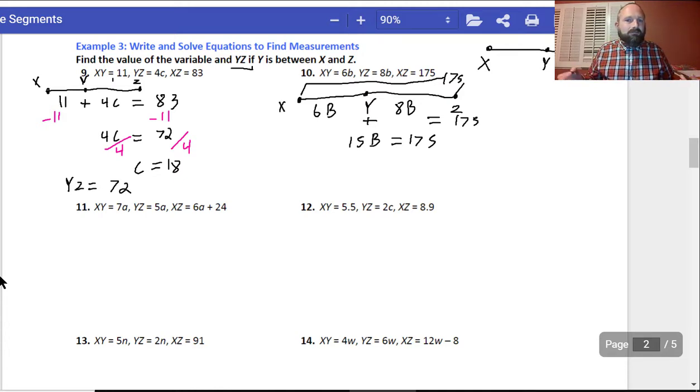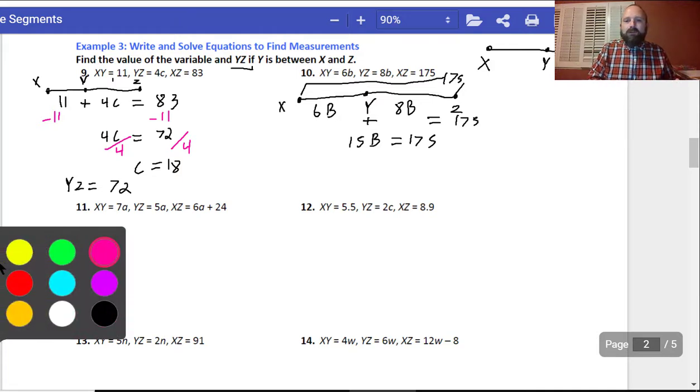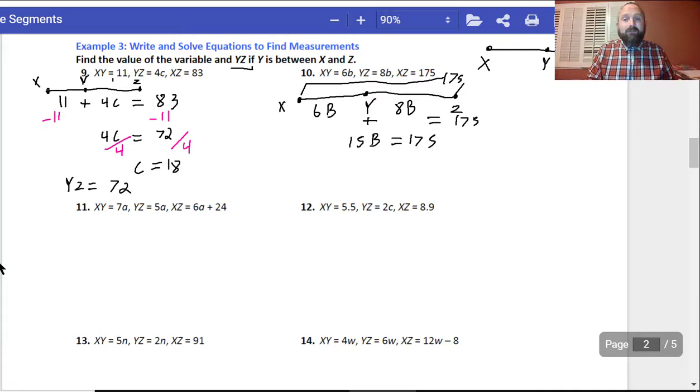All right, well, now we have to figure out what b is equal to. Well, the opposite of times 15 would be divide by 15. And I would just take my handy-dandy calculator, open it up, and get the result. Now, I hope somebody caught that, because I didn't until I picked up my calculator, and I was like, all right, 6b plus 8b is, wait a second, that's not right. 6 plus 8 is 14.